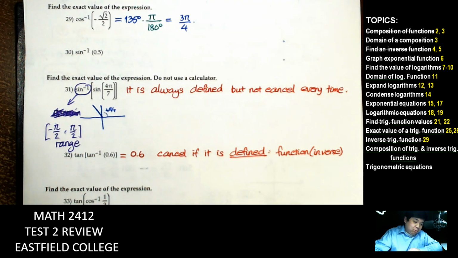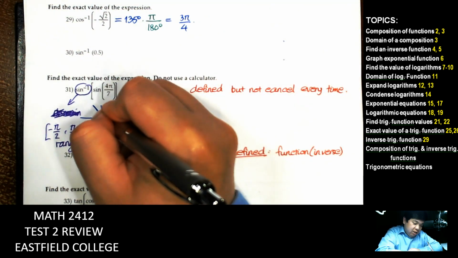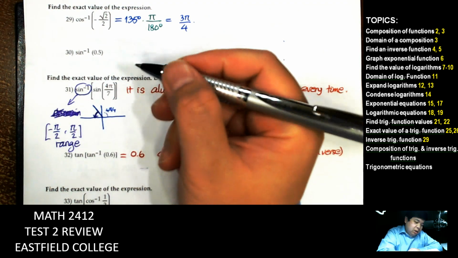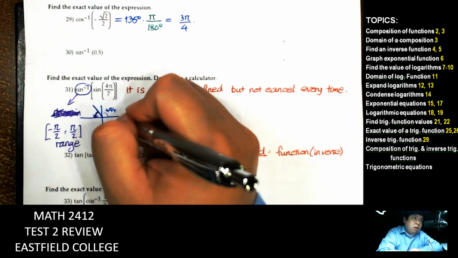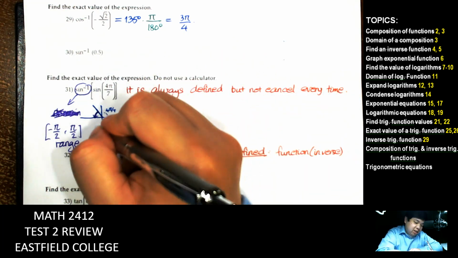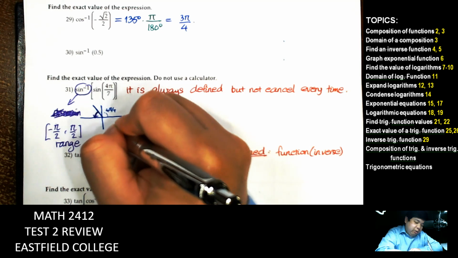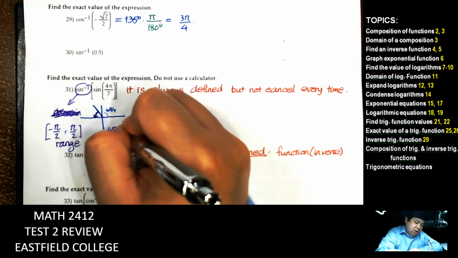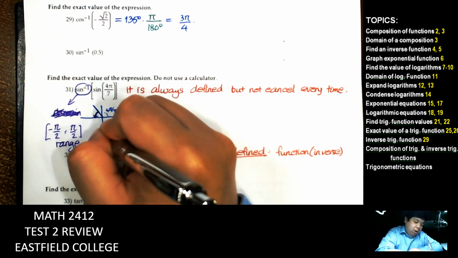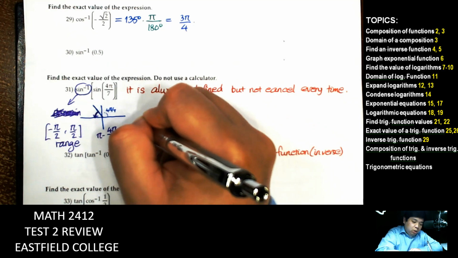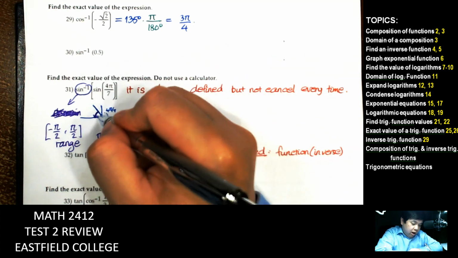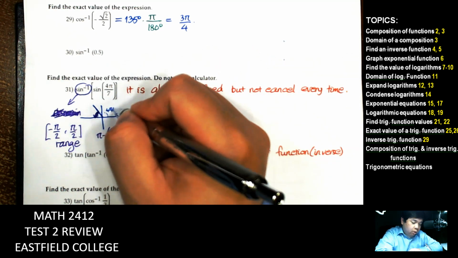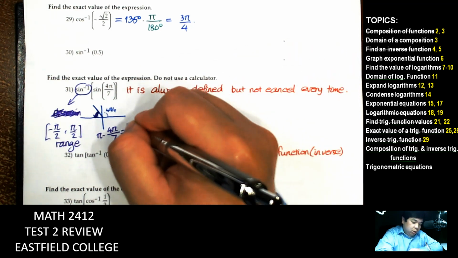So in that case, we have to find the reference angle. The reference angle is going to be this. If the whole thing is pi minus 4 pi over 7, so 7 pi minus 4 pi is 3 pi over 7. So we find the reference angle for 4 pi over 7. We get 3 pi over 7.